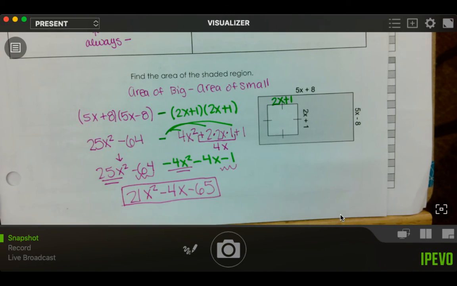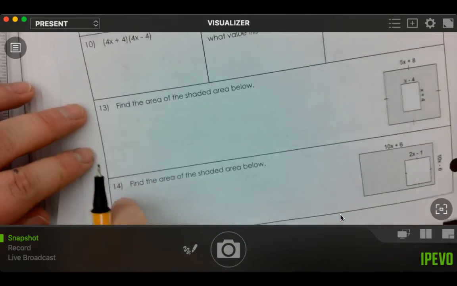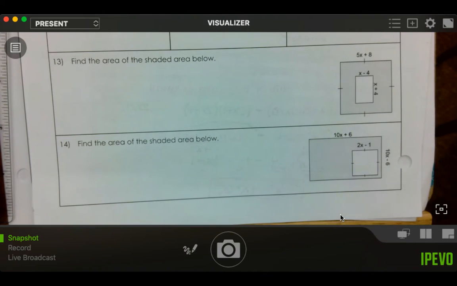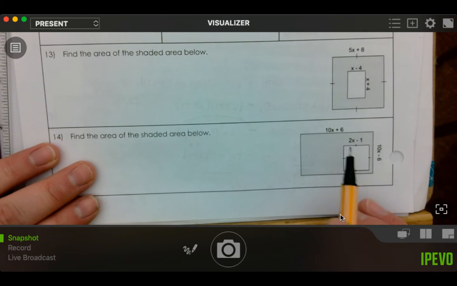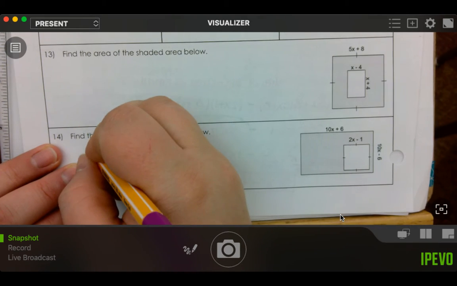Okay? And since I made the mistake and made this into 2 videos already anyway, guess what? I'm going to do an example here. So I'm going to do one of these two. I'm just going to choose the bottom one. So I'm going to do number 14 on the assignment with you too. So big one is 10x plus 6 times 10x minus 6.